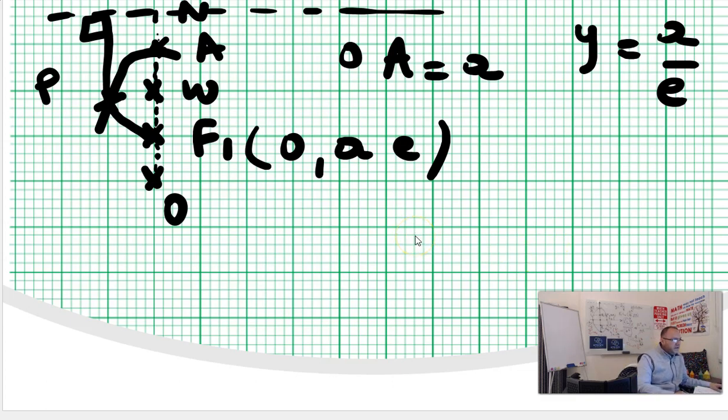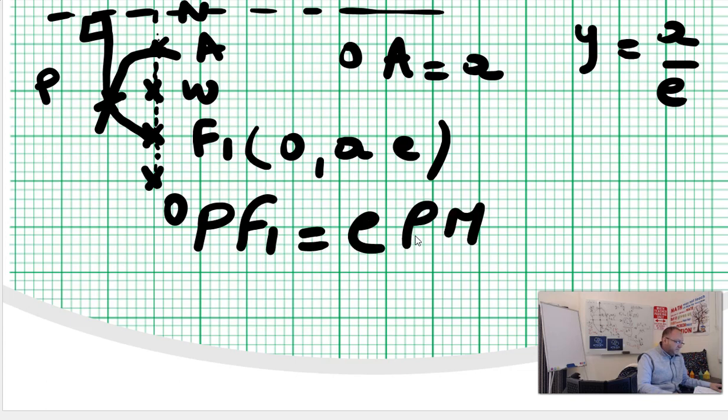And if they ask me, remember, what is PF1? I can go PF1 equals e times PM, right? And PM is what? It's that distance between the P and the M. So it's like the same as what? As WN. I just told you that. So it's like ON minus OW.